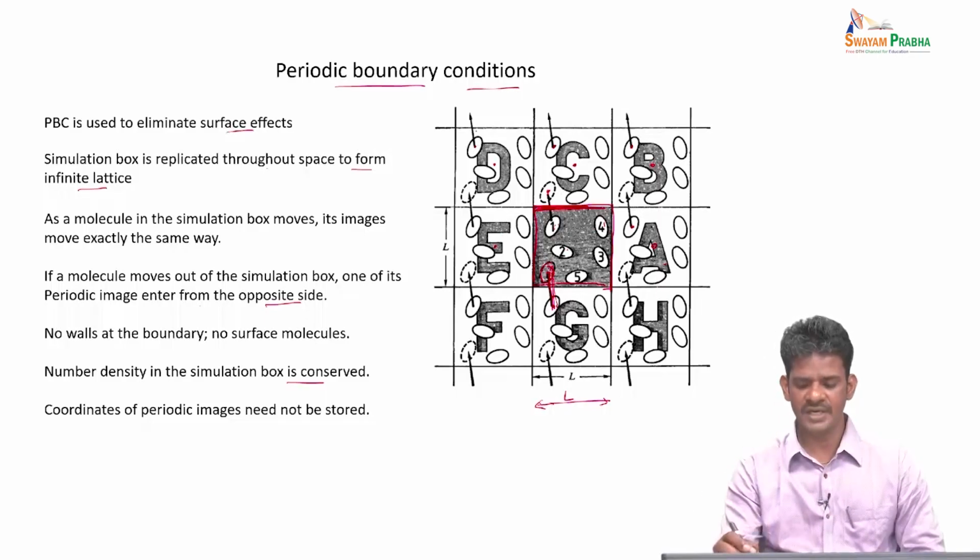So we only have to bookkeep the coordinates, positions and velocities of particles in the central simulation box, not for the neighboring images, because these are all periodic images anyway. This is a very important concept. It is used in pretty much every MD simulation trying to predict bulk properties.